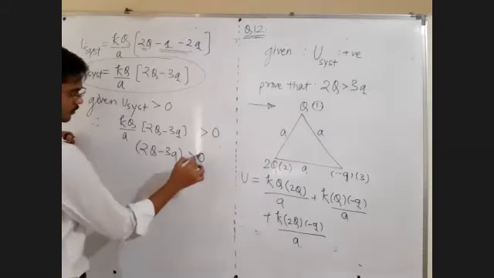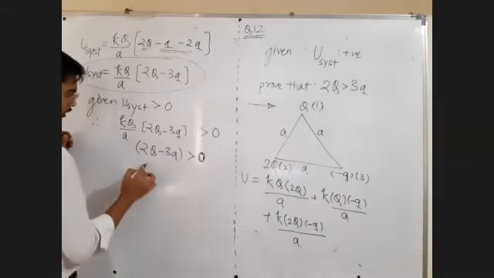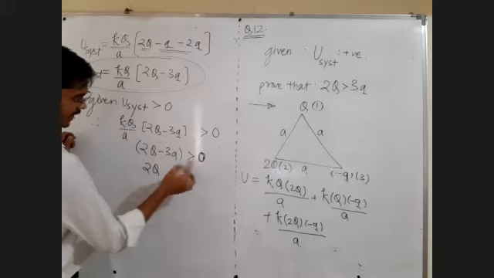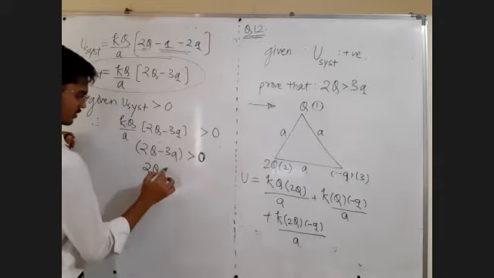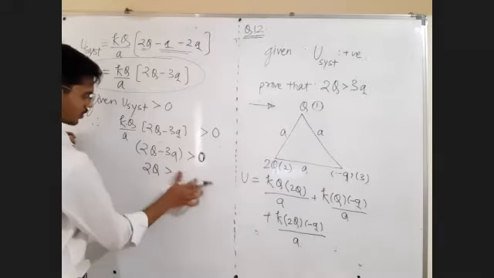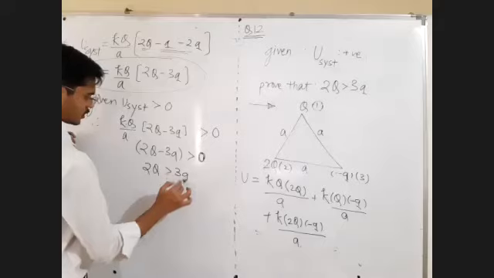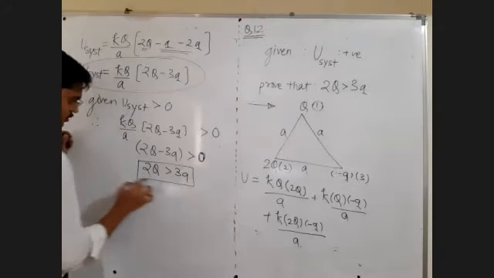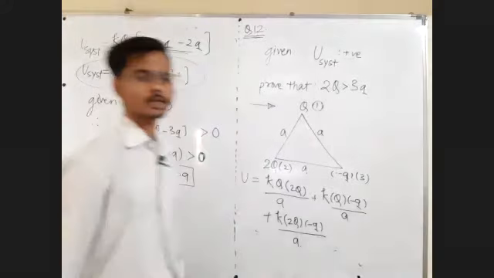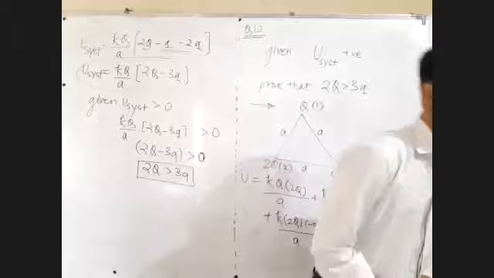Now this 3q on the right hand side, minus 3q on the right hand side will become plus 3q, or no need to write plus. Reply me in the chat box, clear and written. CW.